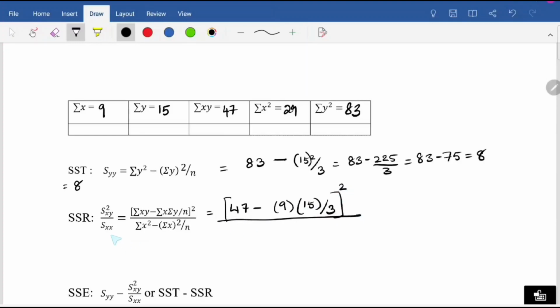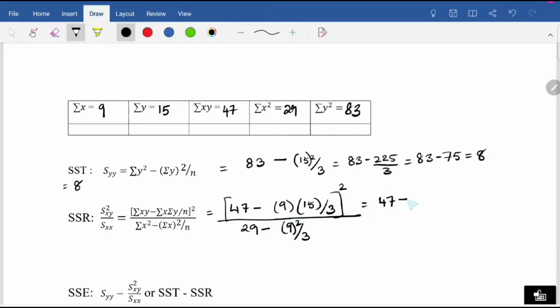Divided by S sub xx, which is sigma x squared, 29, minus sigma x, 9, squared, divided by 3.